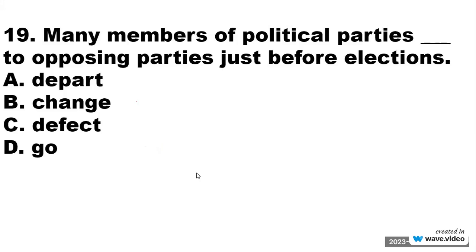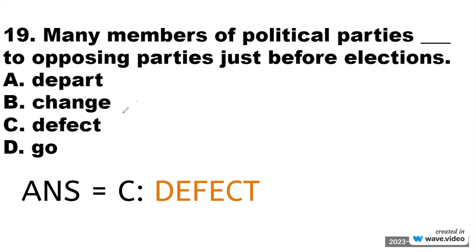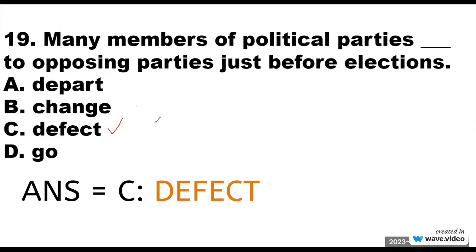Many members of political parties dash to opposing parties just before elections. Okay, A, depart, B, change, C, defect, D, go. The correct option is defect. Many members of political parties defect to opposing parties just before elections.